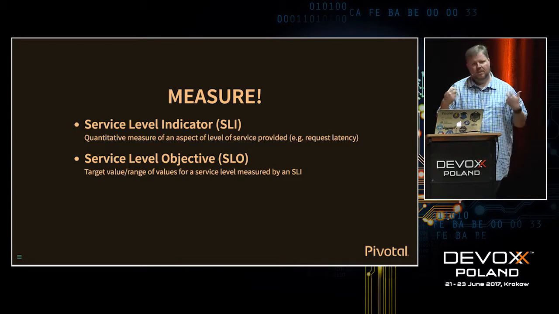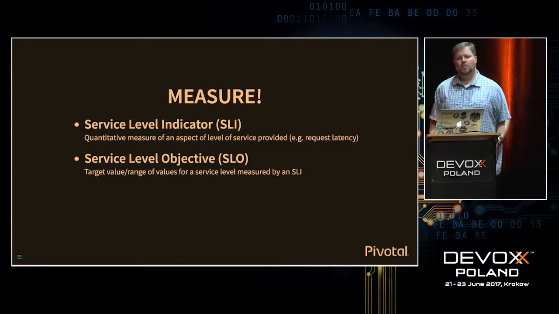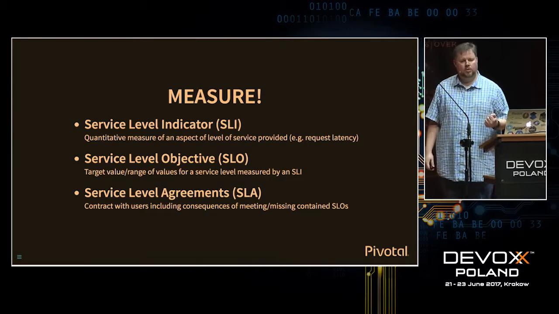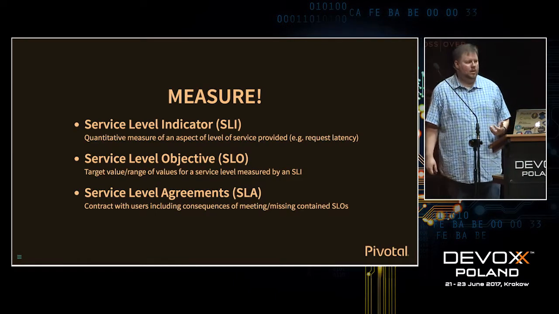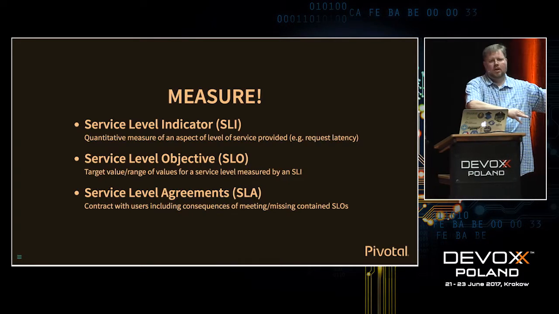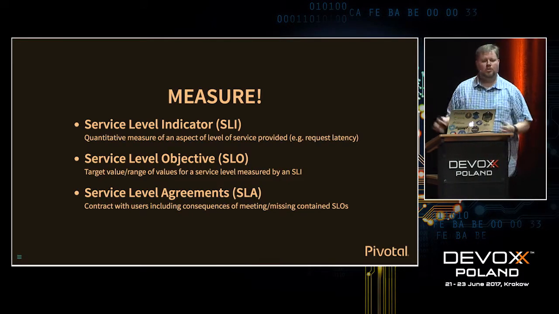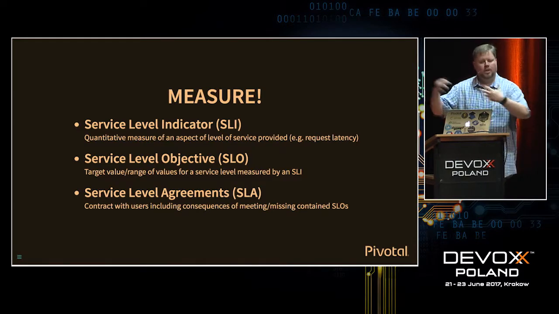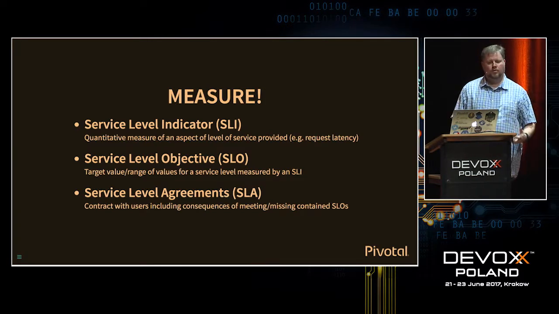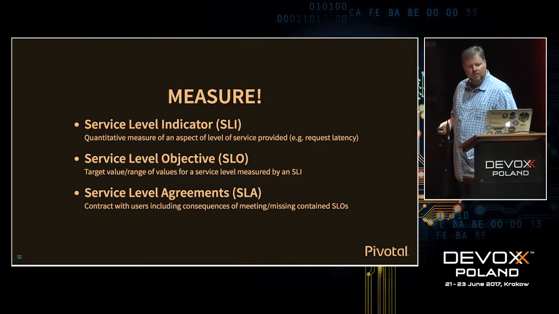Now we can take these and we can transform them into the thing that everybody talks about, which is service level agreements, SLAs. We talk about SLAs a lot, but probably most of us aren't actually doing SLAs because SLAs actually have consequences associated with them based on some contract.